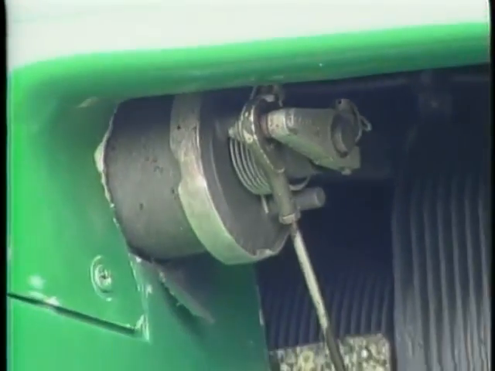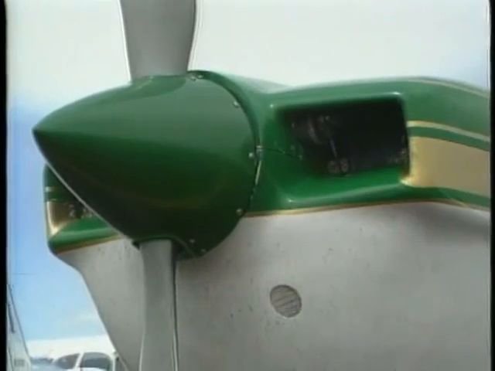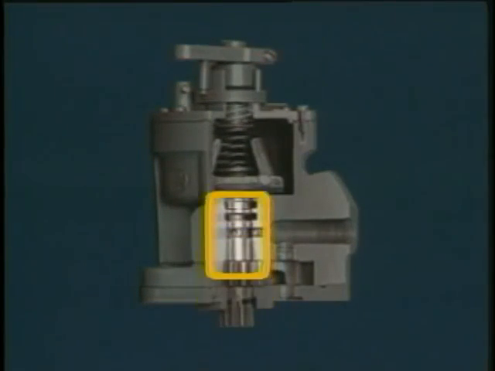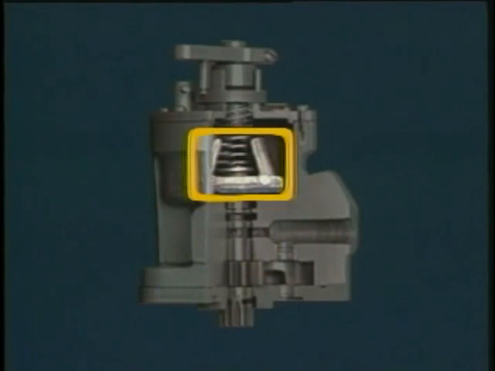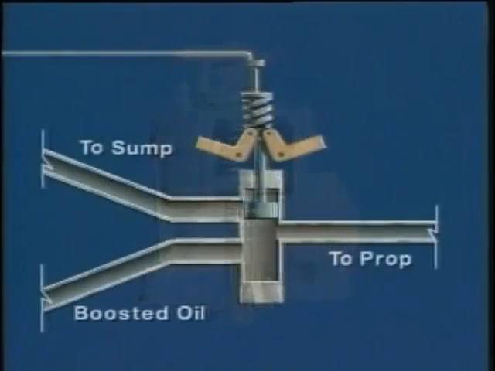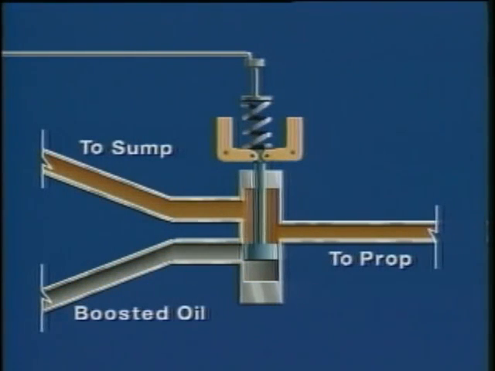The prop control is connected to a governor, which is located on the front of the engine. The basic governor contains an oil pump, a valve, flyweights, and a spring. The governor maintains a specific RPM by directing oil to or releasing oil from the propeller hub to adjust the blade angle.